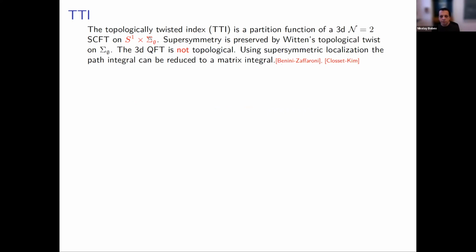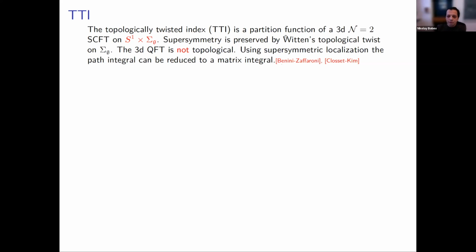The Riemann surface, I'll assume it's compact, with no boundaries or punctures, and it has a smooth metric on it. And then if you just put a SUSY theory on such a space, you're going to break supersymmetry because general Riemann surfaces don't admit Killing spinors. So you will not have a generator of a supercharge.